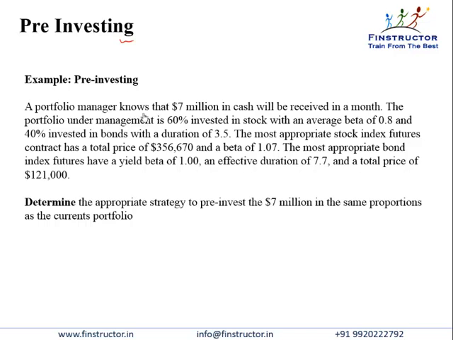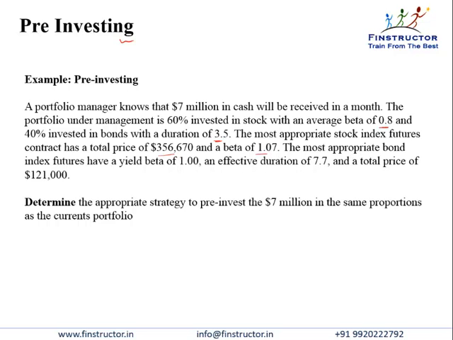A portfolio manager knows that 7 million in cash will be received in a month. The portfolio under management is 60% invested in stock with an average beta of 0.8 and 40% invested in bonds with a duration of 3.5. The most appropriate stock index futures contract has a total price of 0.35667 million and a beta of 1.07.